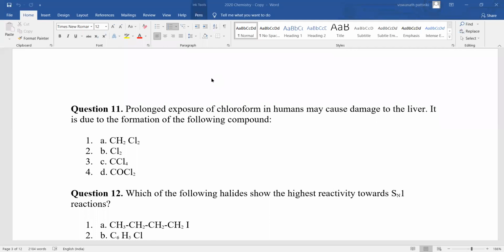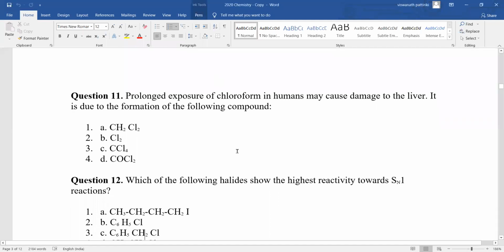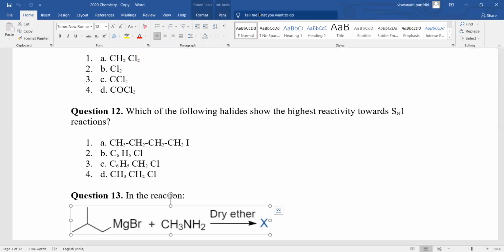which of the following has the highest reactivity towards the SN1 reaction? Whenever you are speaking about an SN1 reaction, you have to choose the most stable carbocation. Okay, so among these, which one is the most stable?